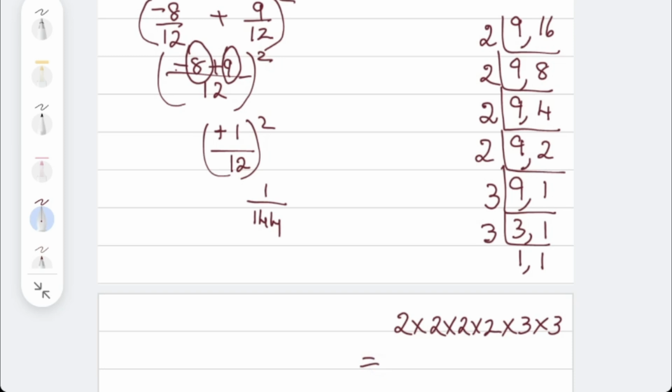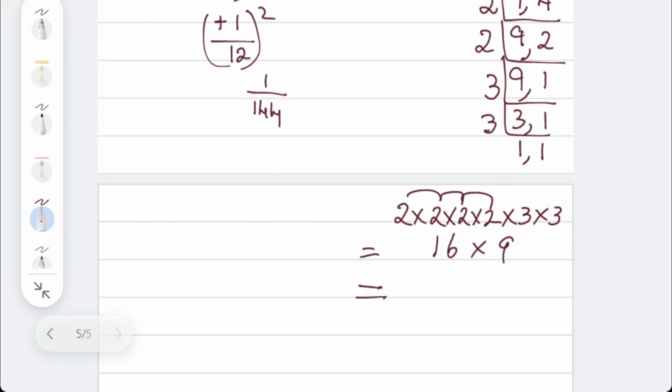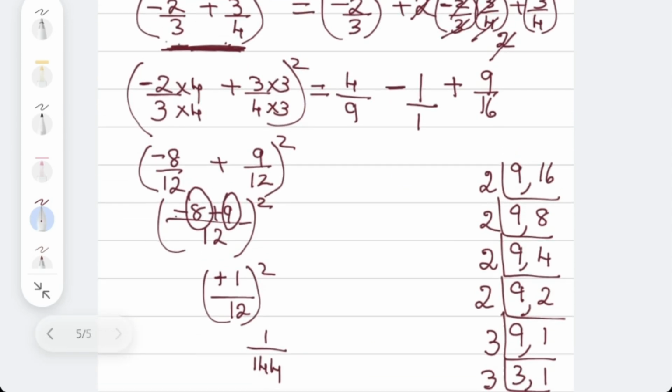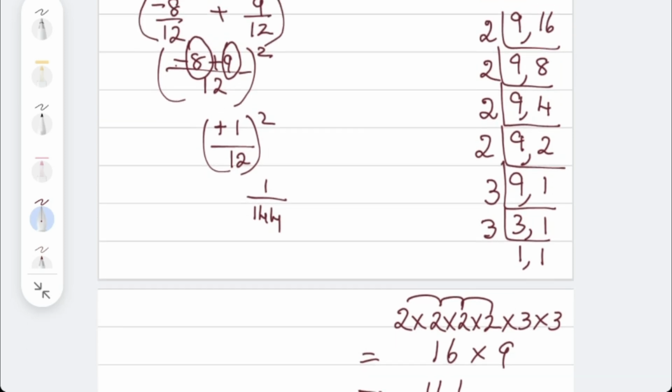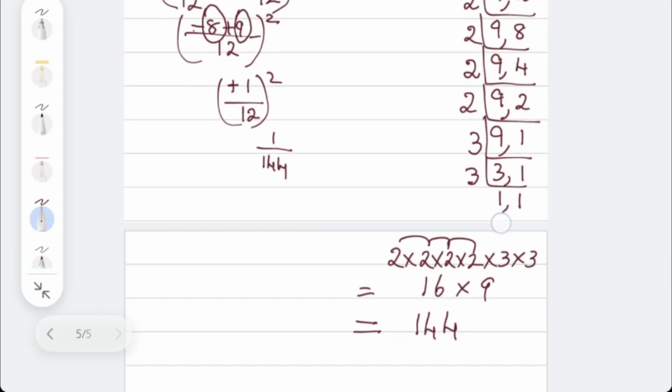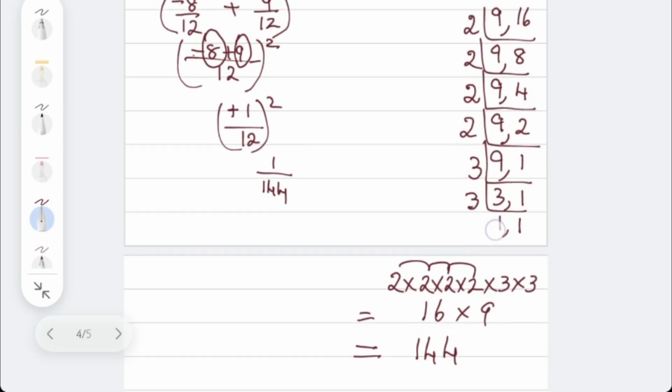When you multiply 2 into 2, 4, 4 into 2, 8, 8 into 2, 16, and then this is 9, so it is 16 into 9 straight away. We cannot find anything lesser than the multiplication of these numbers itself. So 16 into 9 is 144. This is finding the LCM. If you want, you can stop and take a screenshot of this.